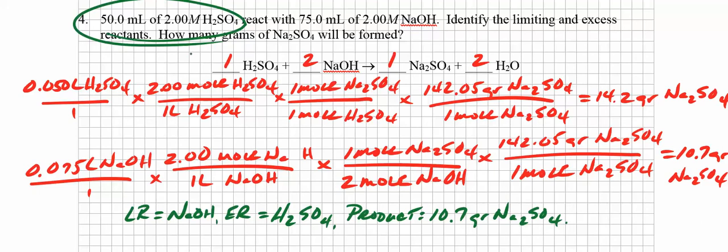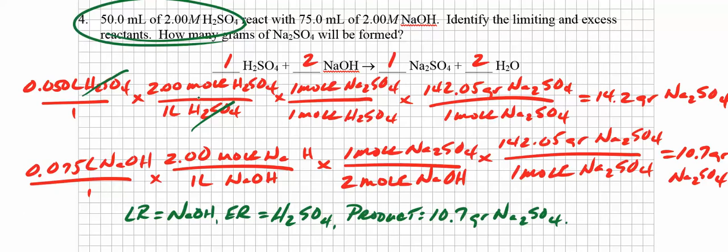So now that 2.00 capital M is converted into moles per liter. That's what that capital M means. Molarity means moles per liter. So now I'm going to cancel this unit with this unit, leaving me with moles of H2SO4. So remember, I've told you, get to moles of reactant as soon as possible by whatever means necessary. One way to do that is by multiplying volume by molarity, and I've done that.